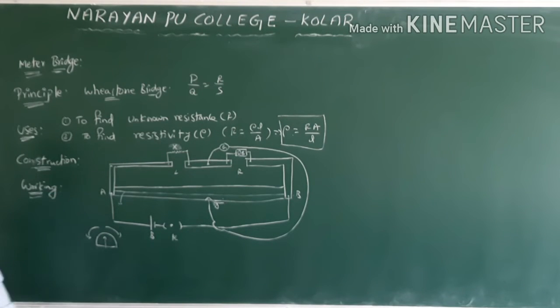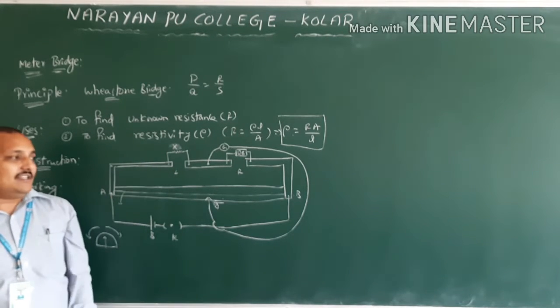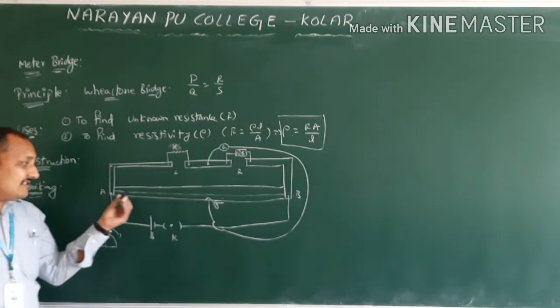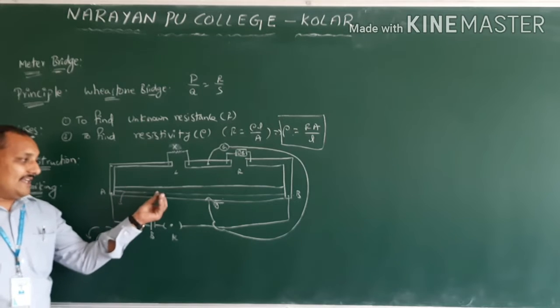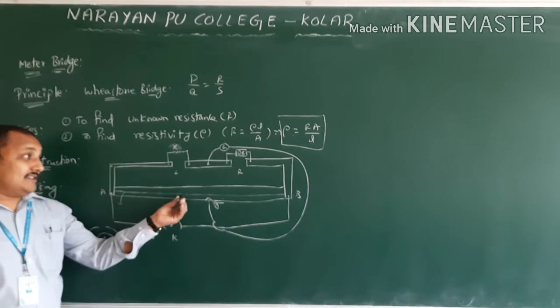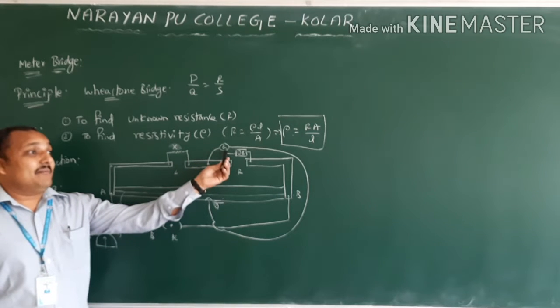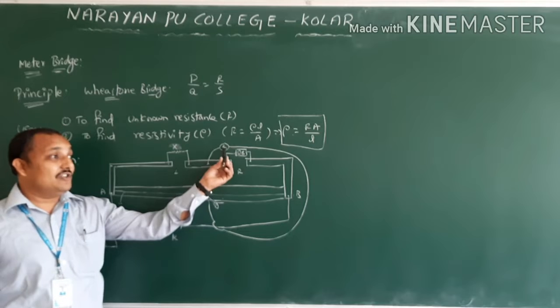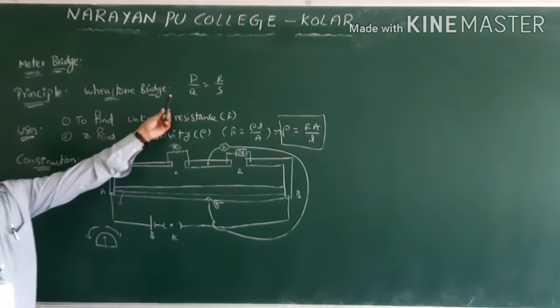Now what is the working? After getting all these connections, what you should do is very simple. You have to move this jockey on this wire like this, on this wire, until we get galvanometer deflection as 0. Why should galvanometer deflection be 0? What is the principle we said?